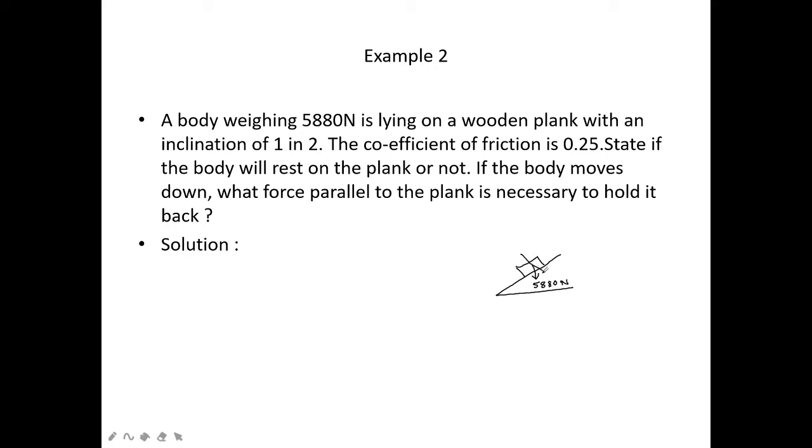Now this is the normal line. This is the normal reaction R. So a body weighing this much is lying on a wooden plank with an inclination of 1 in 2. The coefficient of friction is this.